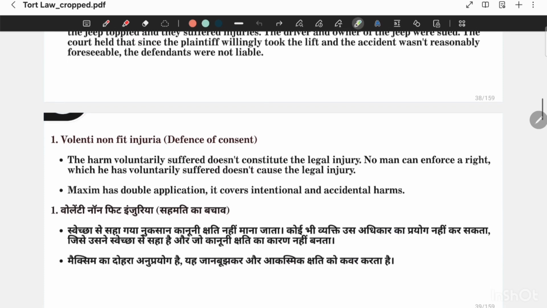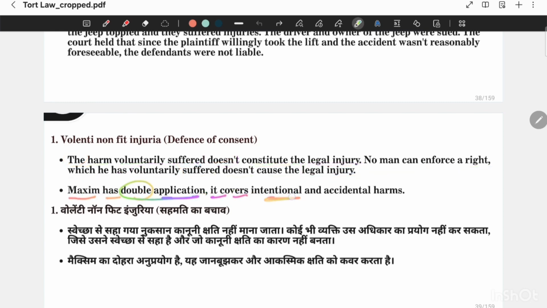Next, very important legal terminology. Volenti non fit injuria, which means defense of consent. The harm voluntarily suffered doesn't constitute a legal injury. No man can enforce a right in respect of harm which he has voluntarily suffered. The maxim has double application.